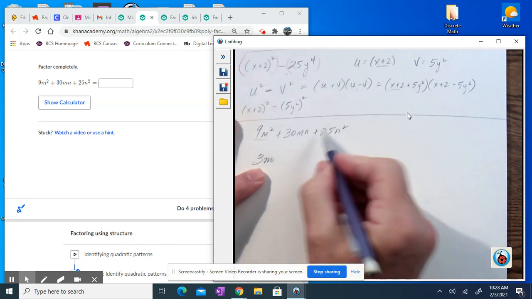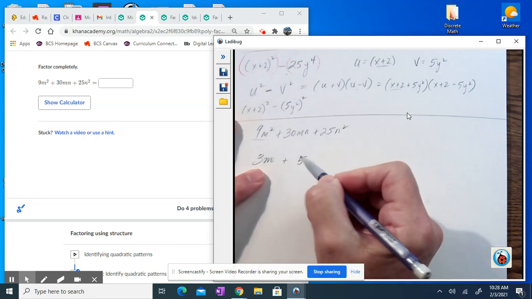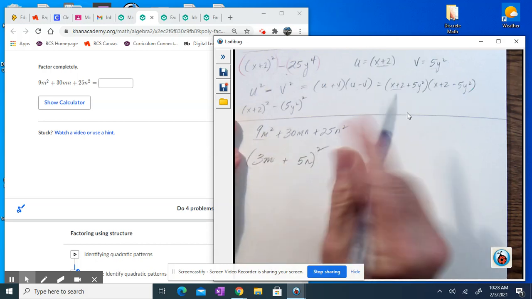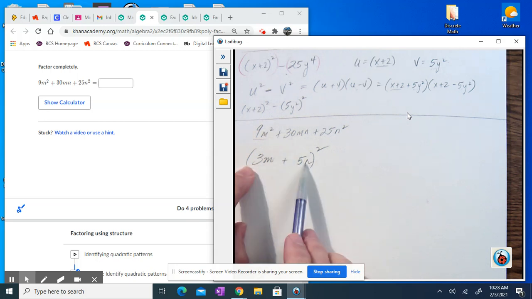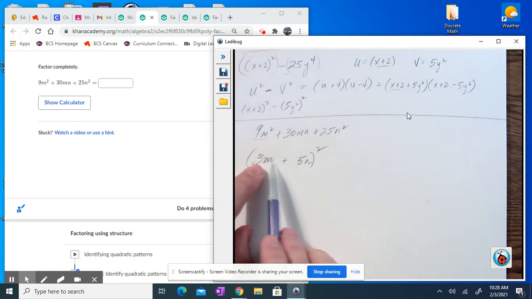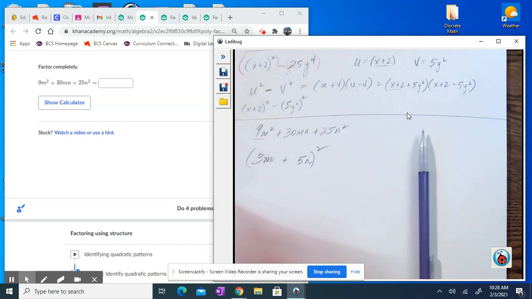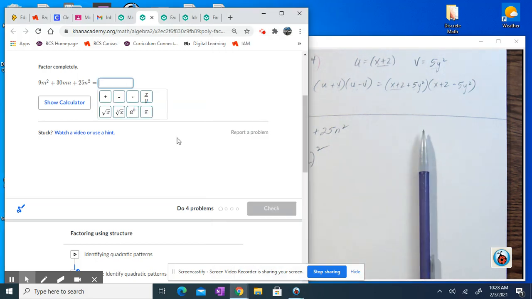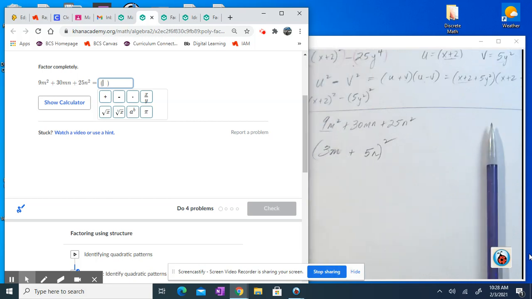If you take the square root of this, you get 5n. They're all plus, so we'll put a plus in there. So I think it factors to that. Now, we just got to check that the middle term is what it's supposed to be. So when you multiply these two together, you get 15mn, and then you got to double it, which gives you 30mn. So that's it. So that is going to be 3m plus 5n and outside squared.